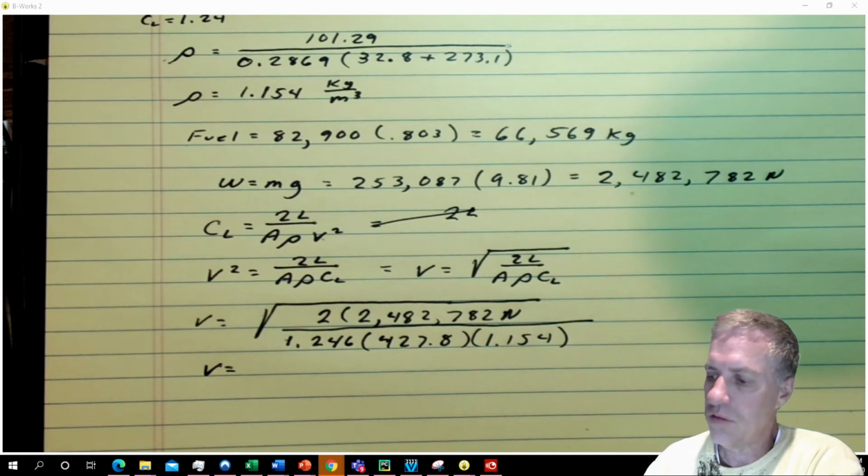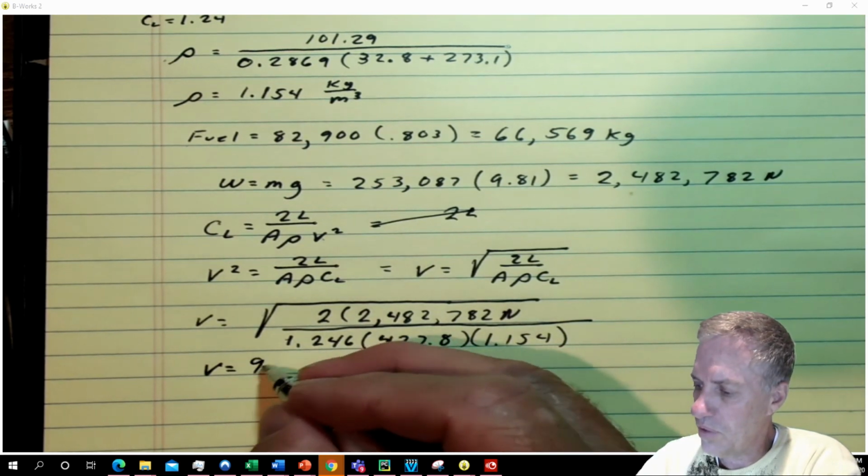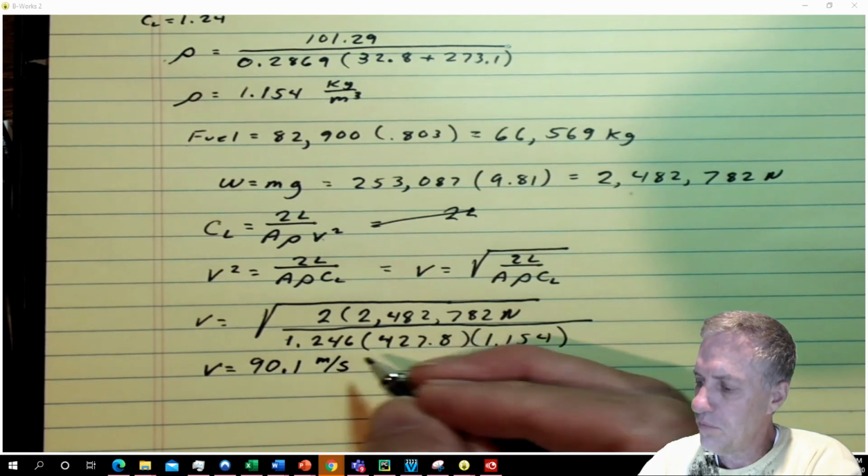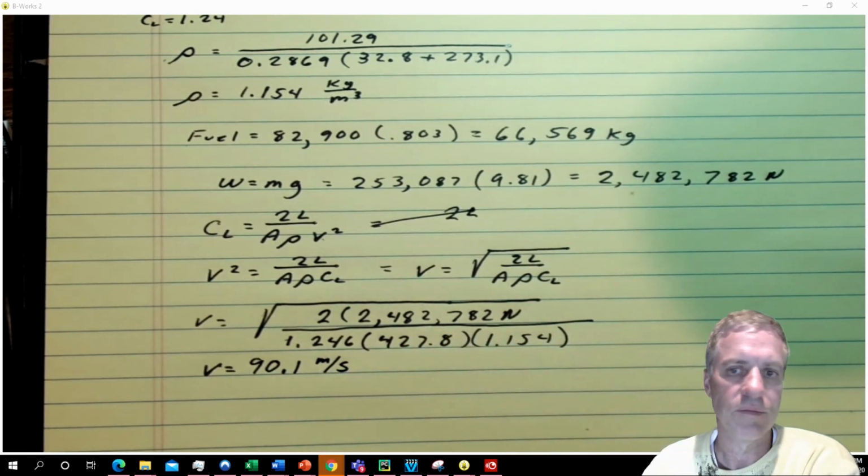And then we work that out. We get approximately 90.1 meters per second.